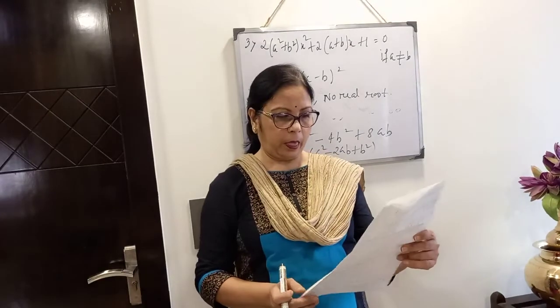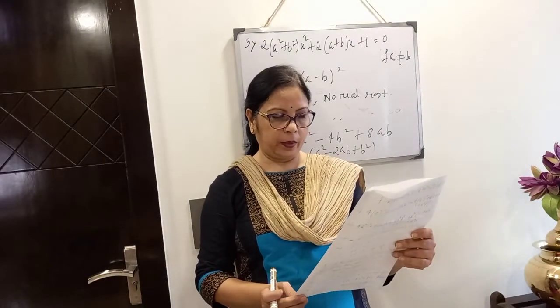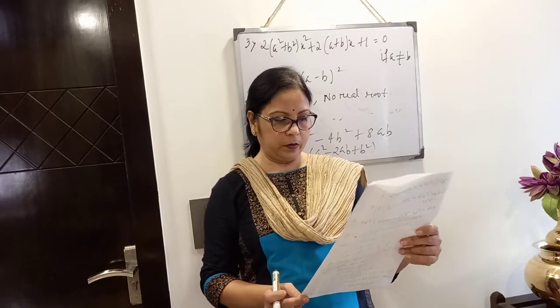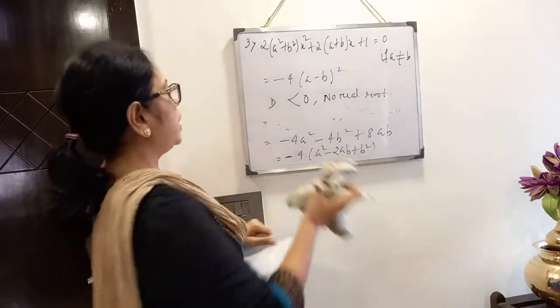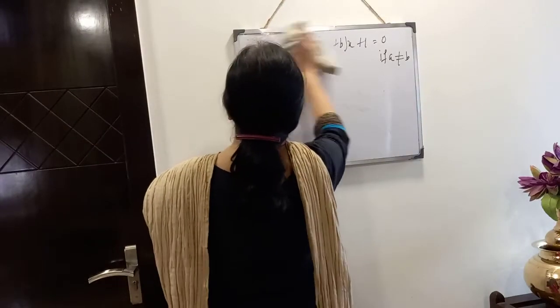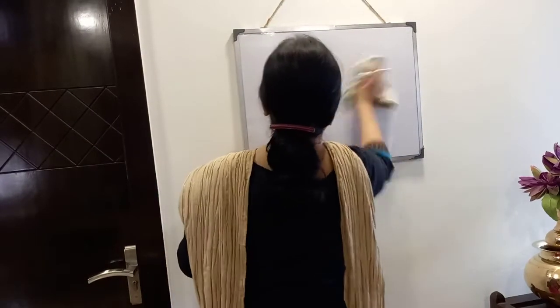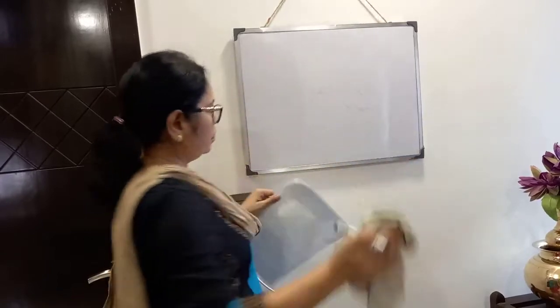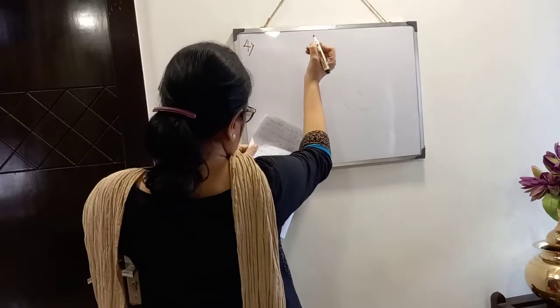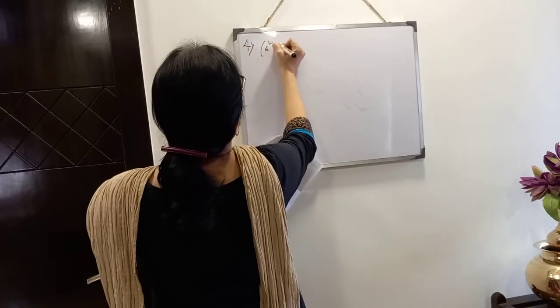Clear? Now next one. If the roots of these are equal, okay. When it is told equal, then directly discriminant equals 0. Directly we will apply discriminant equals 0.